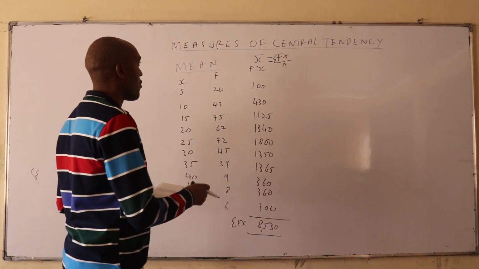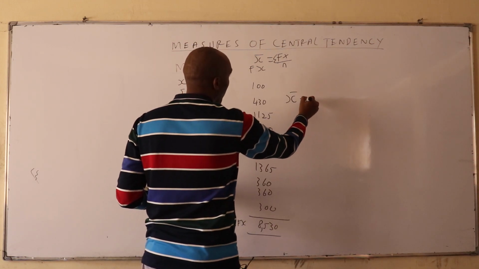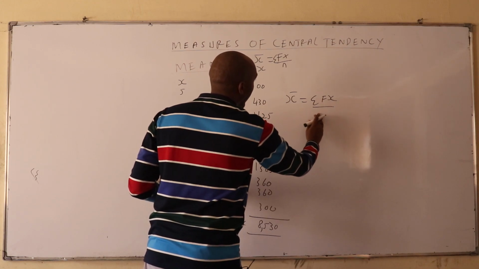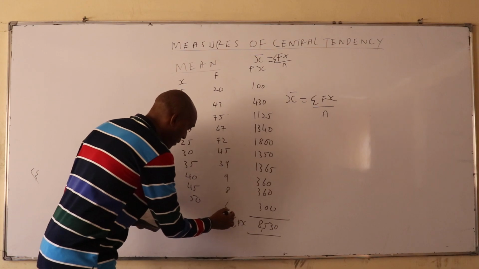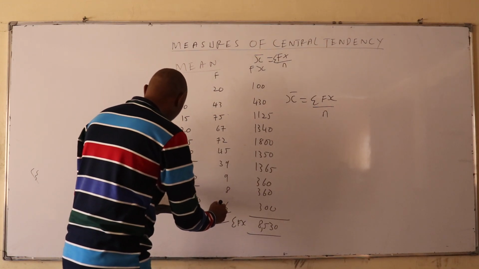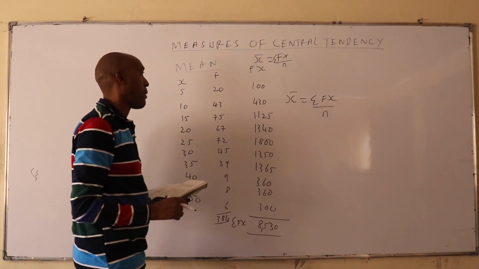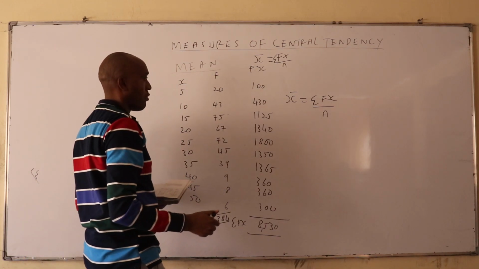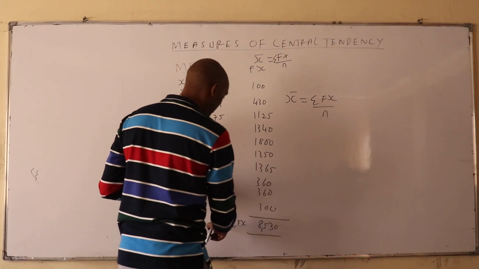Now we go back to our formula. It says mean equals summation of fx over n. We said n is the total of all frequencies. So you also add this column, and it will give you 384.